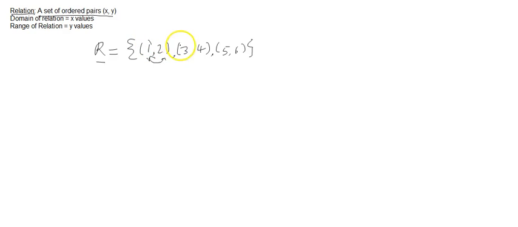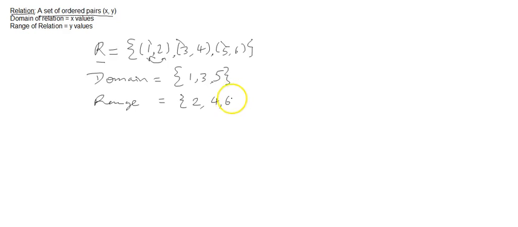All these first values are known as the domain. When I write the domain, I'm going to write 1, 3 and 5. If somebody asks me what is the range of it, the range is going to be 2, 4 and 6.